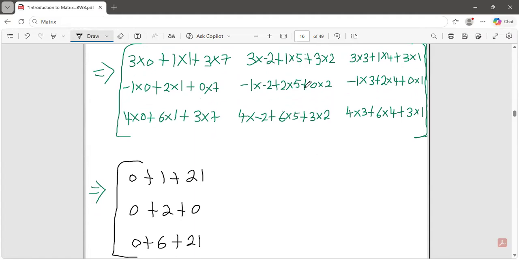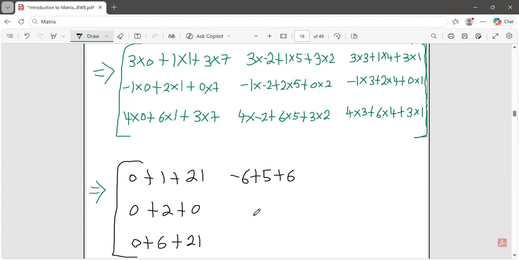So we are now on this column, and 3 times negative 2 is going to give us negative 6. So negative 6 plus 5 times 1 is going to give us 5. Okay, plus 2 times 3, 6. You see, very good.